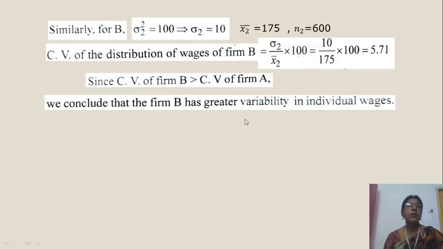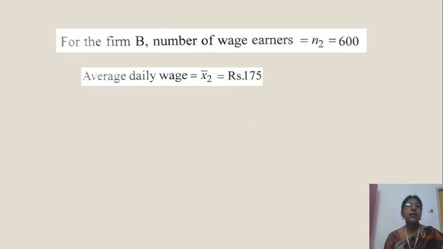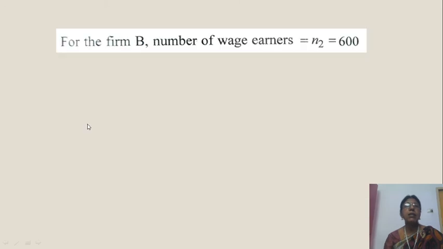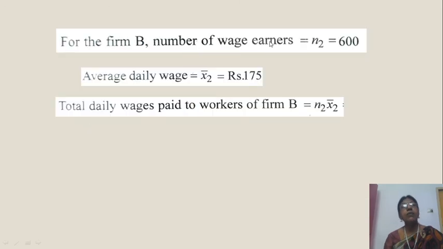Okay, so see here for form A, the number of workers is N1 and their average is 186. Now the total wages is average into number, you get 93,000. Similarly for form B, the number of workers is 600 and their average wage is 175.